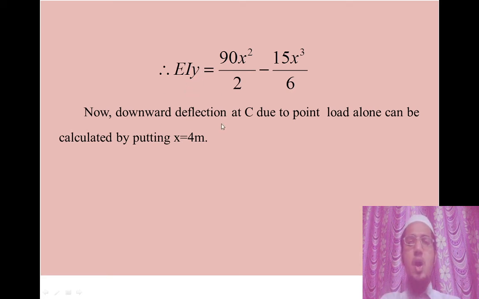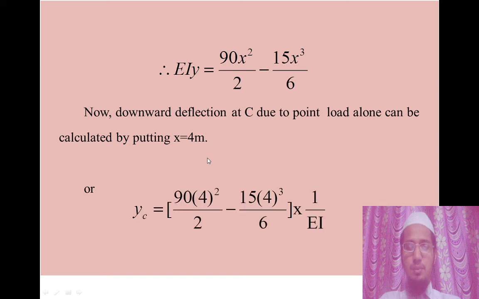Now to find the downward deflection at C due to the point load alone, we can calculate it by just putting the value of x equals 4. We know that C is at a distance of 4 meter from the fixed end, that is the propped support.